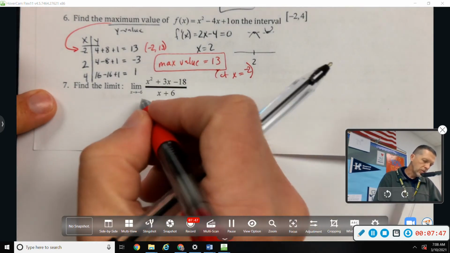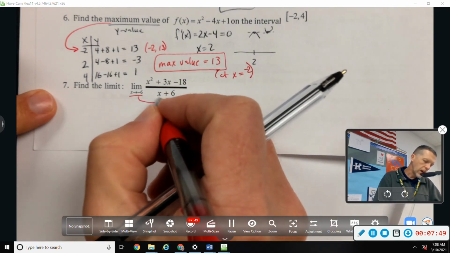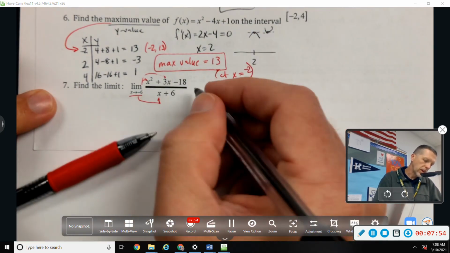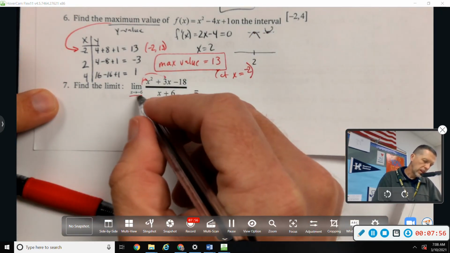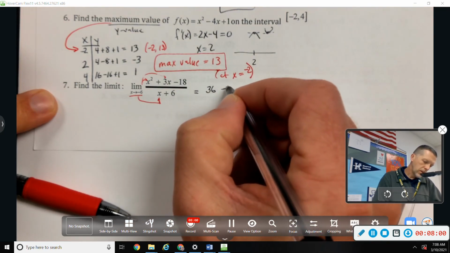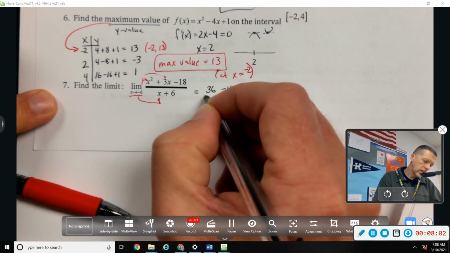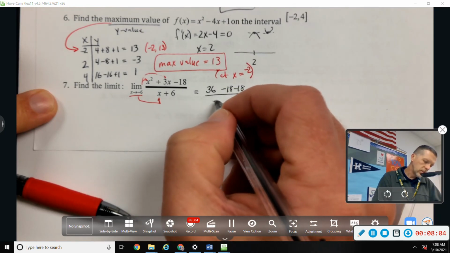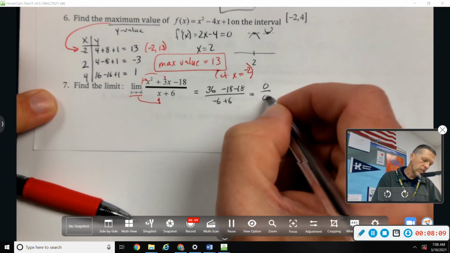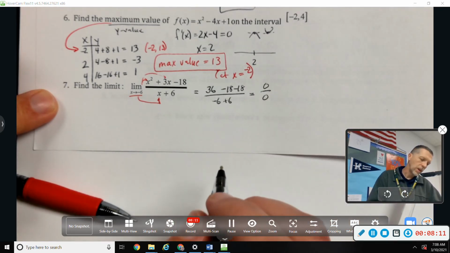Number 7, old limit problem. Our first go-to is always just substitution to see what happens. I'm going to guess that it doesn't work, but we'll try it anyway. So if I plug in -6, I get 36 minus 18 minus 18 over -6 plus 6. So 0 over 0. So that doesn't help me.